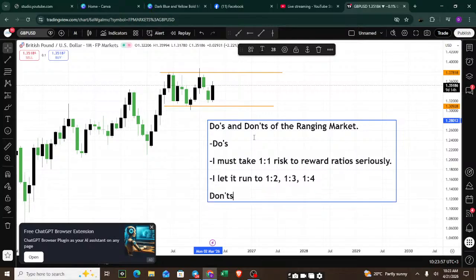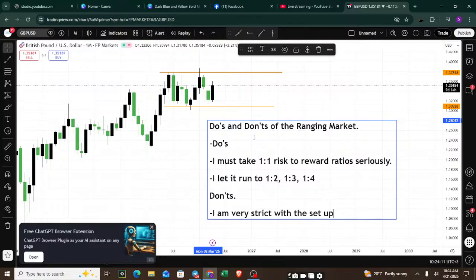Don'ts for this ranging market. One of the don'ts is that I am very, very strict with the setup.